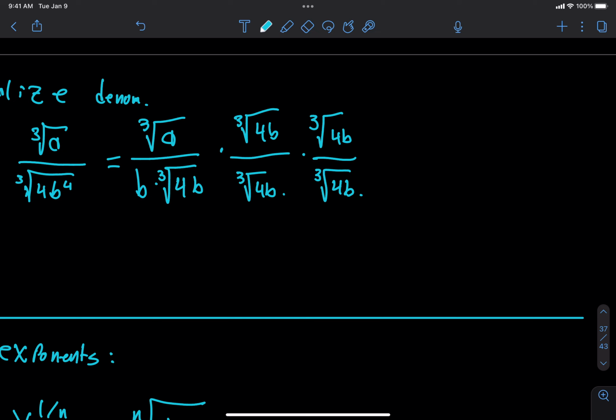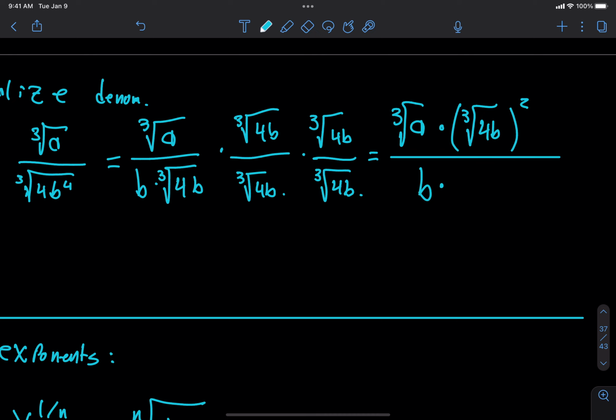Okay, so what do I get? I get the cube root of a times the cube root of 4b squared divided by b times what? Cube root of 4b cubed, right? Because I already had a cube root of 4b in the original denominator.